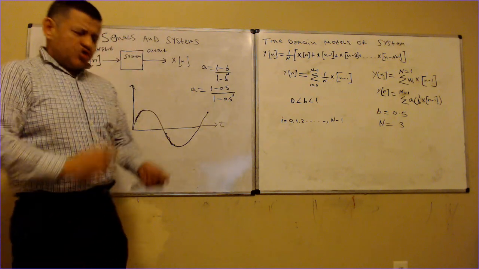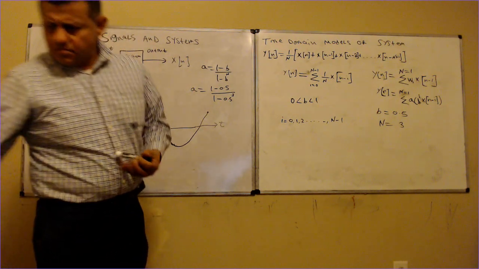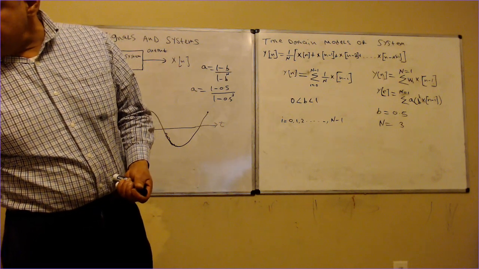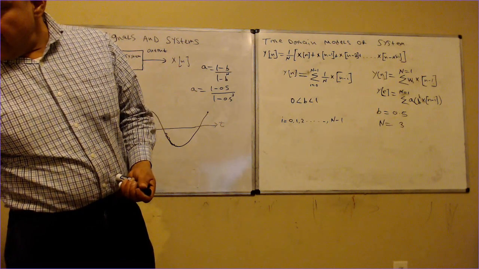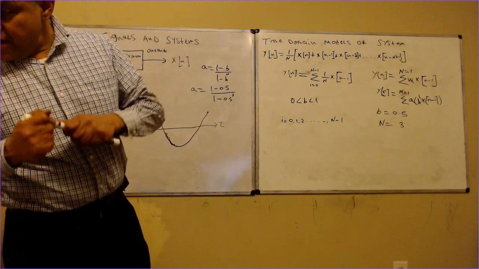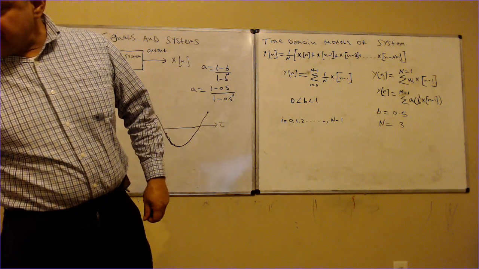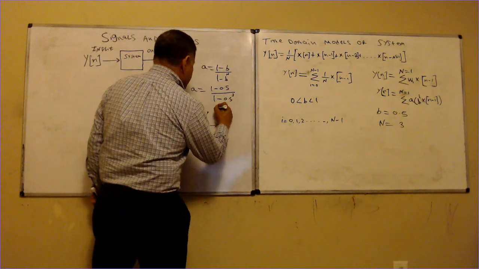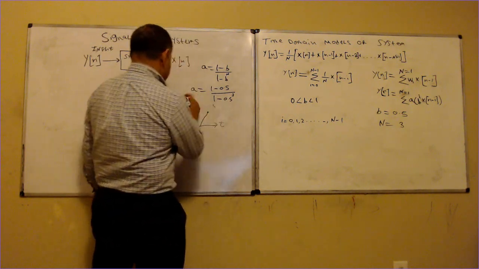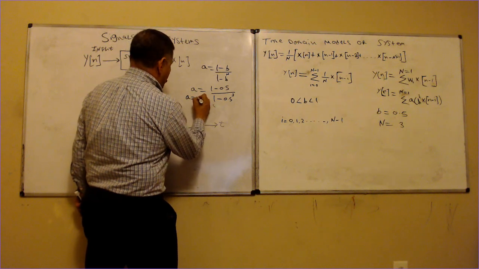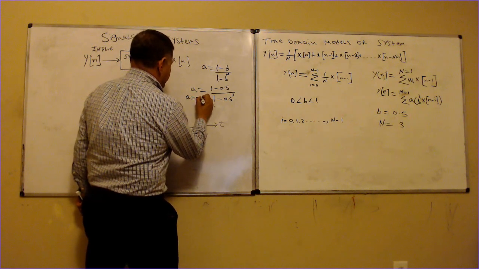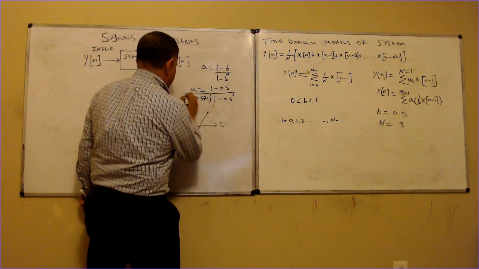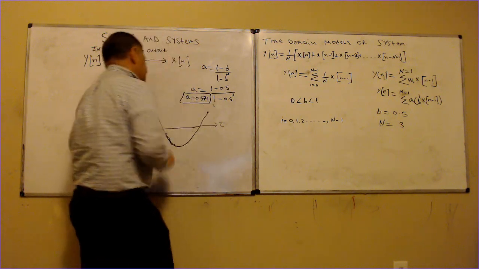When I get that, I get that A is equal to 0.571, right? That's what it is.